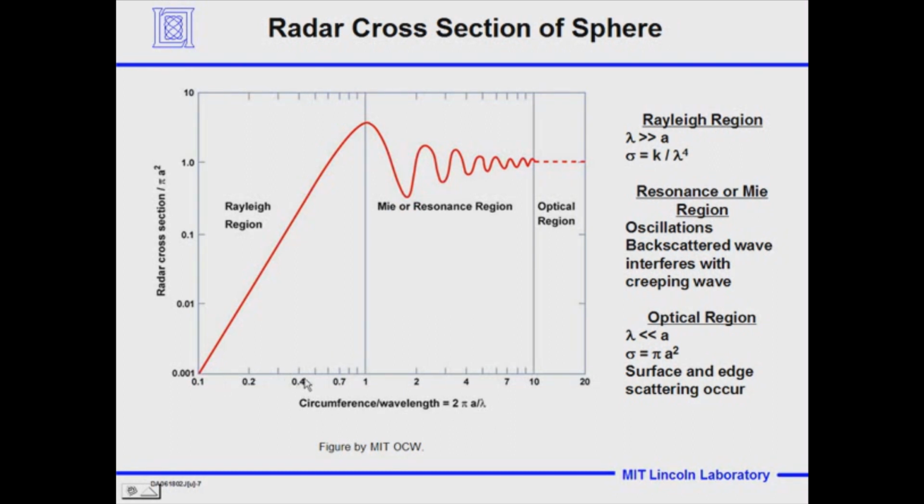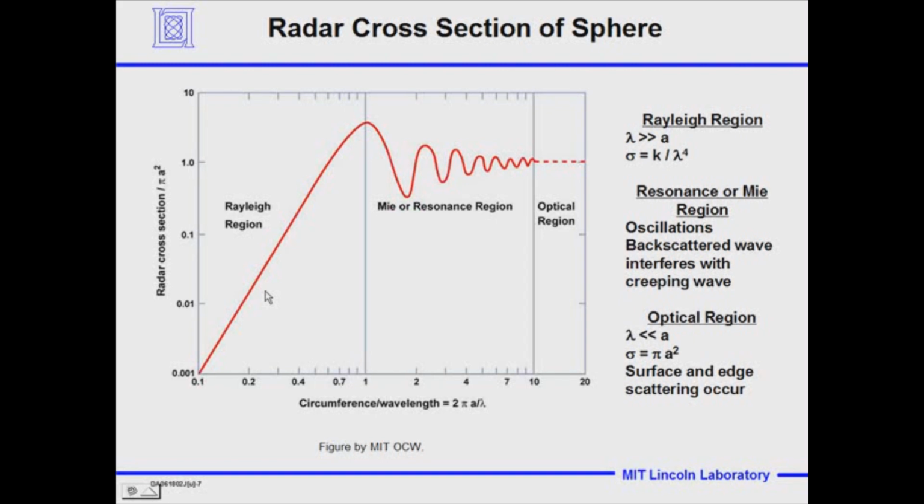As we go down here, we're going to bigger and bigger size objects. And now here's that Rayleigh region where the wavelength is very big relative to the size of what we're looking at.